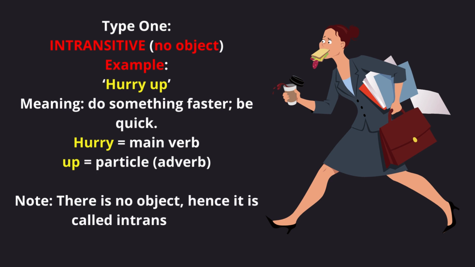So, for example, you can say to someone, hurry up, meaning do something faster or be quick. Hurry there is the main verb, whereas up is the particle, and in this case it is an adverb, but there is no object afterwards.